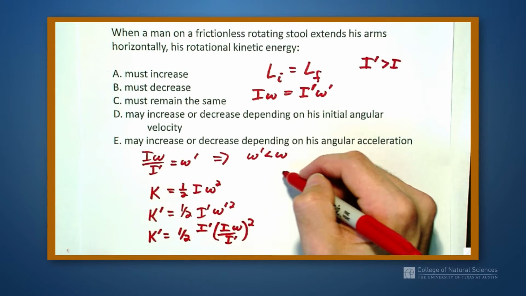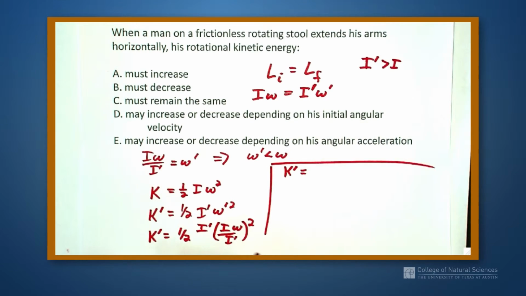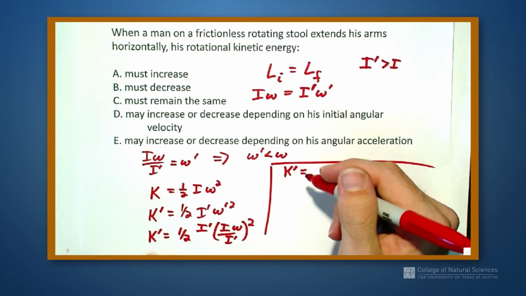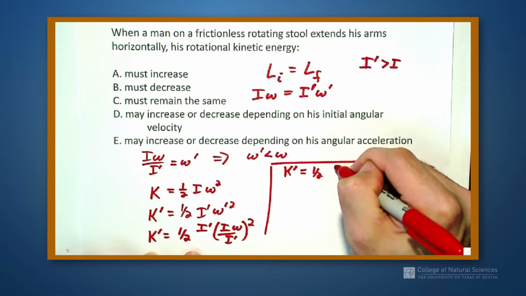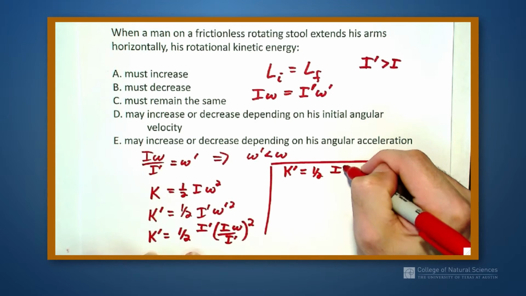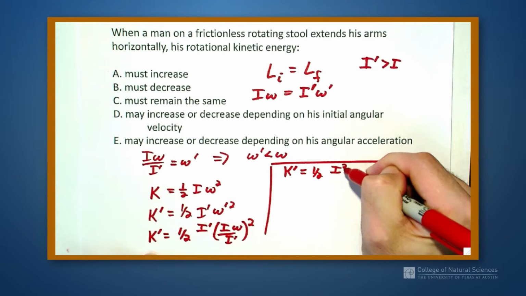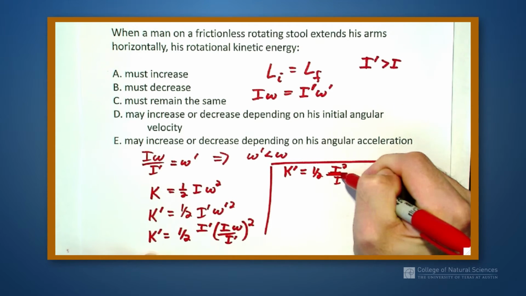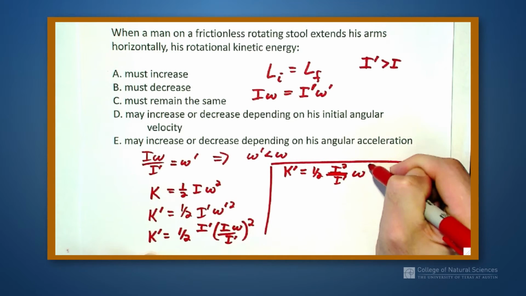So when I rewrite this equation, I get that my primed kinetic energy, my final kinetic energy, is going to be 1/2 I squared over I prime, right? I have I prime here and two I primes down there, so I get an I prime on the bottom. I get I squared on top and omega squared on top.